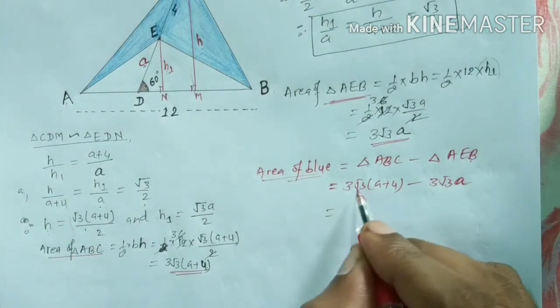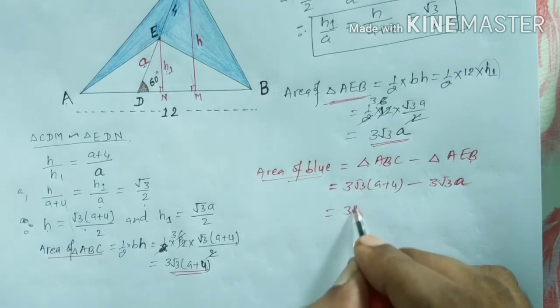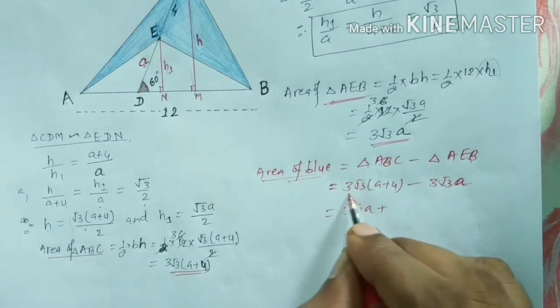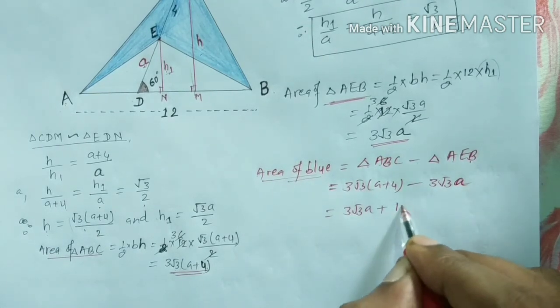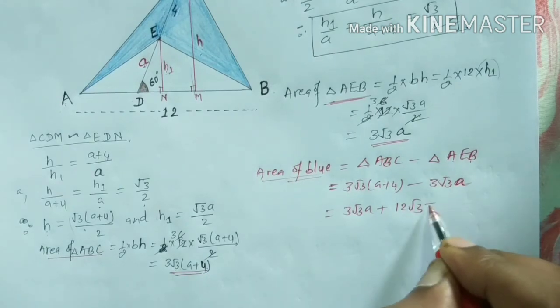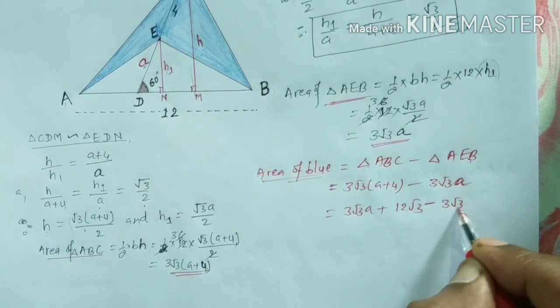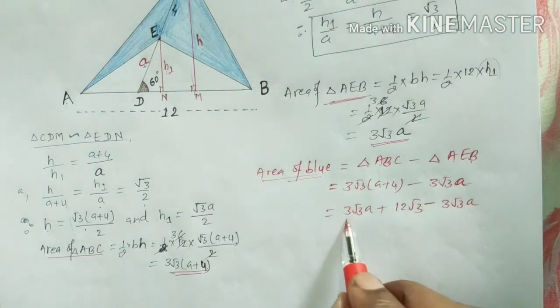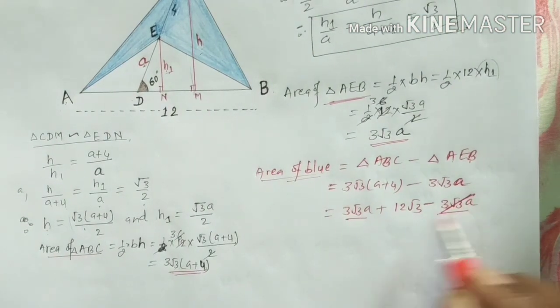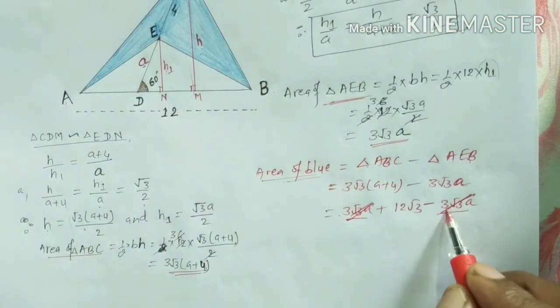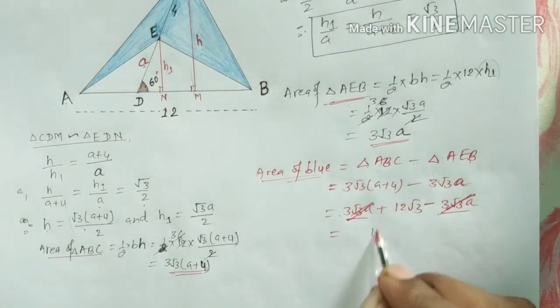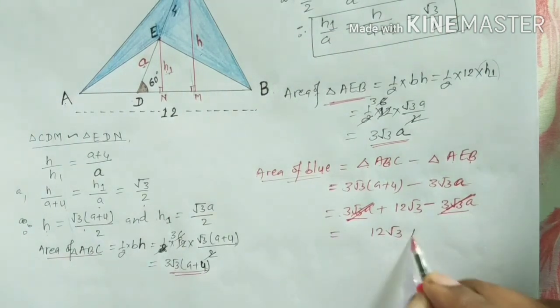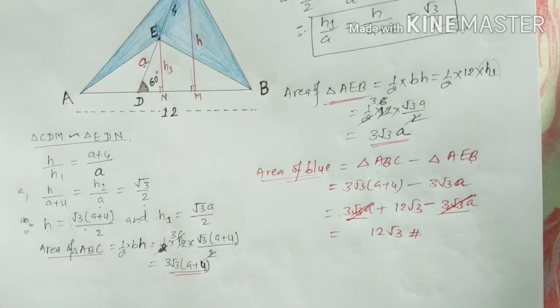If we separate this, then 3 root 3 times a means 3 root 3a, plus 3 root 3 times 4, which is 12 root 3, and minus 3 root 3a. Now we can cancel these, because one has a positive sign and the other a negative sign. So finally we got 12 root 3. So 12 root 3 is the area of the blue parts.